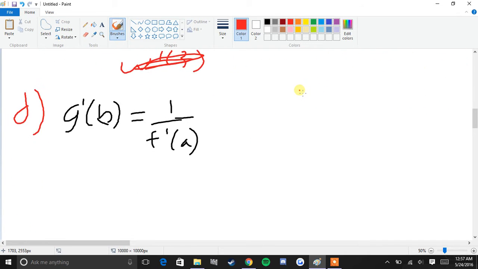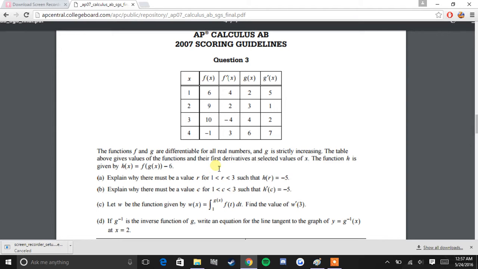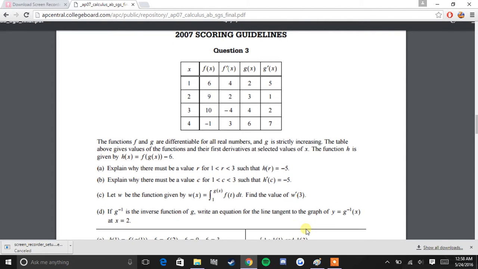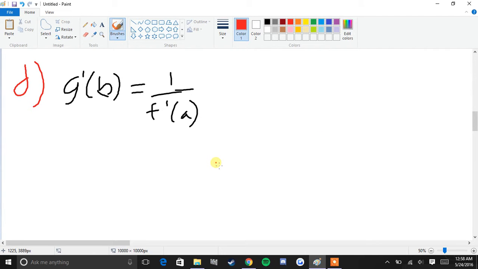Now we move on to the last part, part D. If g to the power of -1 is the inverse function of g, write an equation for the line tangent to the graph of y equals g inverse of x at x equals 2. So we already know that the derivative of the inverse at b equals 1 over g prime of a.